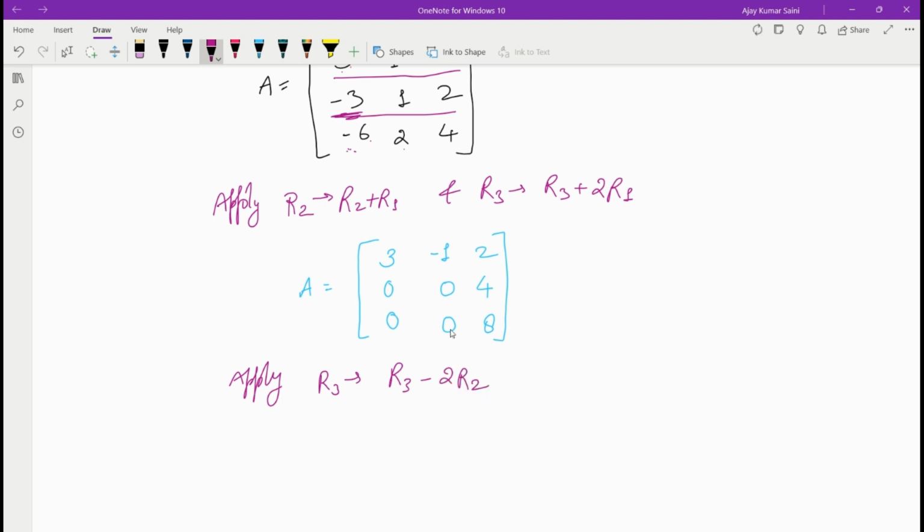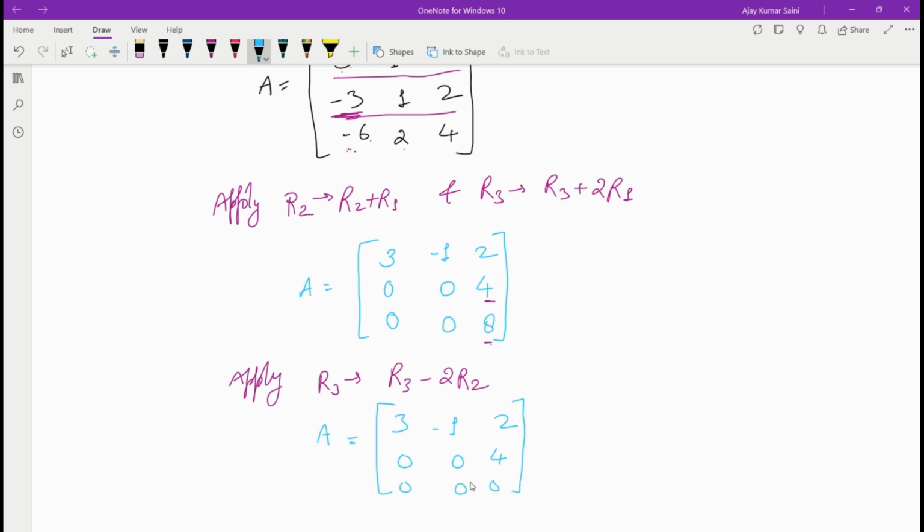It is 4 and 8; if I multiply R2 by 2 and subtract it from R3, I get 0. So A equals 3 1 minus 1, 0 0 4, 0 0 0.